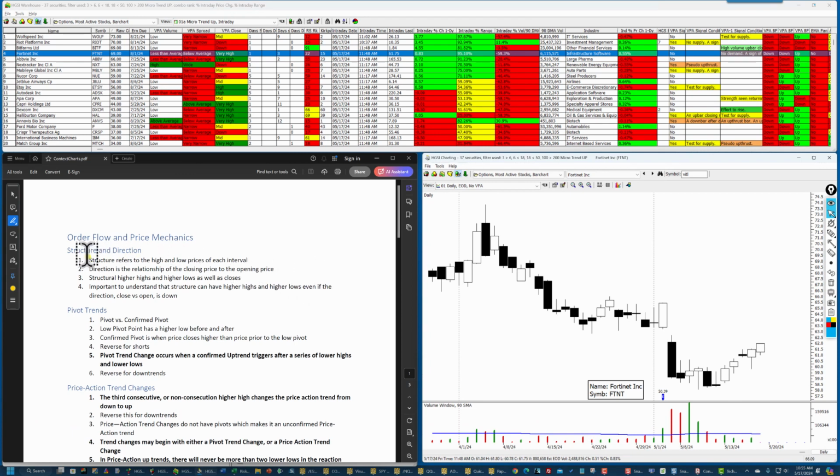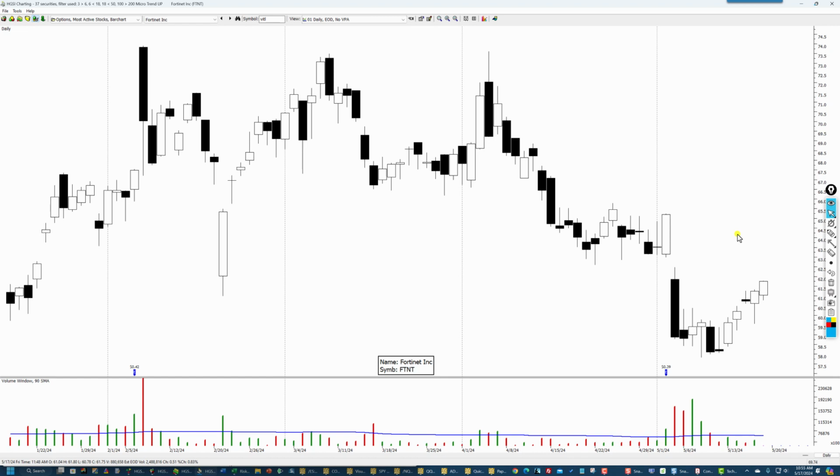So structure and direction. Structure refers to the high and low prices of each interval. Each interval in this instance is a daily chart. I don't have a weekly chart up here, I have a daily. So the structure, what we're looking for is positive and negative structure. Then the direction of the candles, open to close.